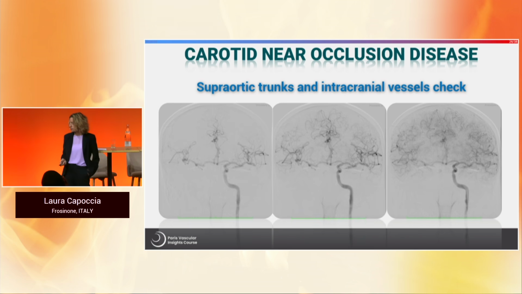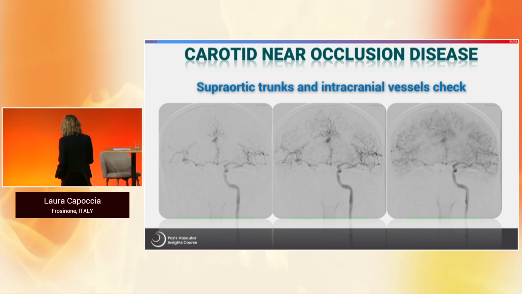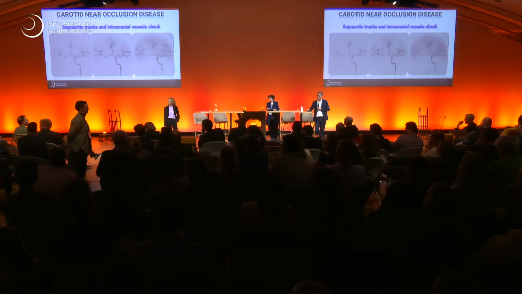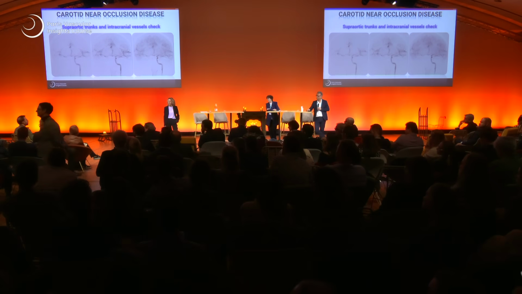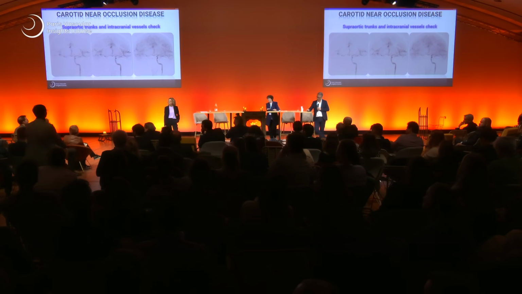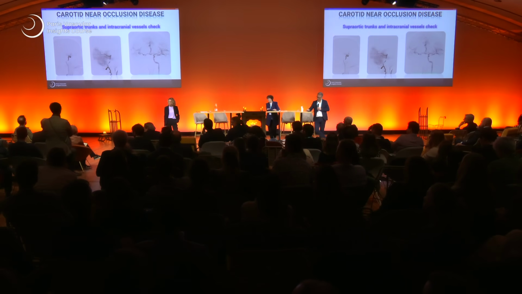What would you do in this patient? With a good collateralization too, as you can see. I'm going to ask somebody from the audience. In the image that you had on the ipsilateral side, there might be a tandem lesion as well. So actually, if you do revascularization of the right side, you don't know what will happen to the flow.